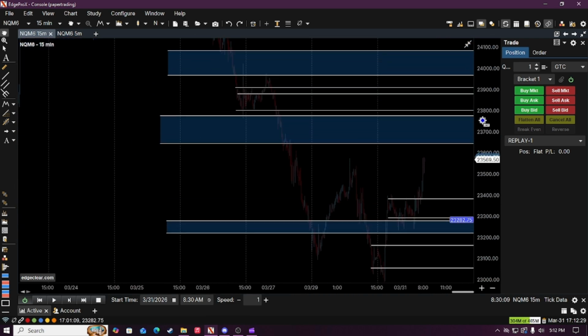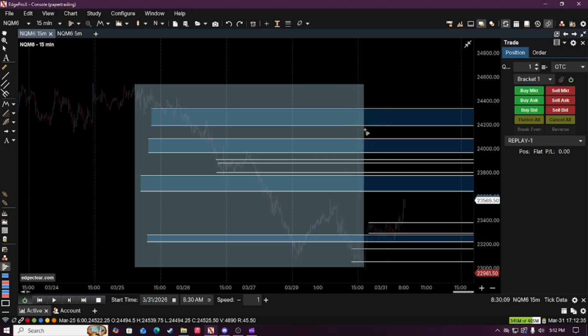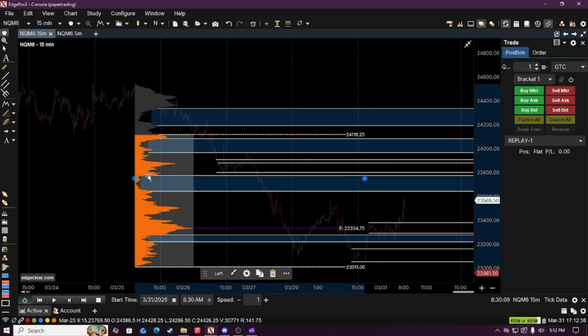So, as you obviously know, we have here our dealing range. And on the dealing range, as you can see, I marked the most important zones here.